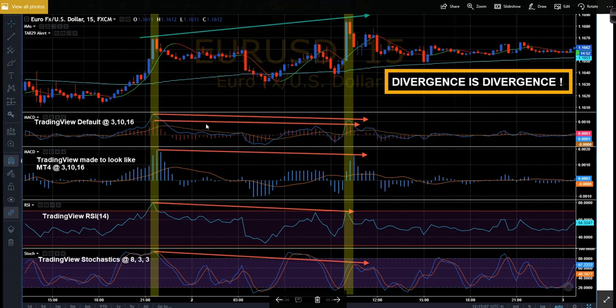And if you don't see divergence in TradingView because the MACD histograms are too shallow and you really can't see the amplitude in them to get a good sense of the divergence, drop down to RSI. If you see it there, that qualifies. But most of the time, they're all going to read the same because divergence is divergence.